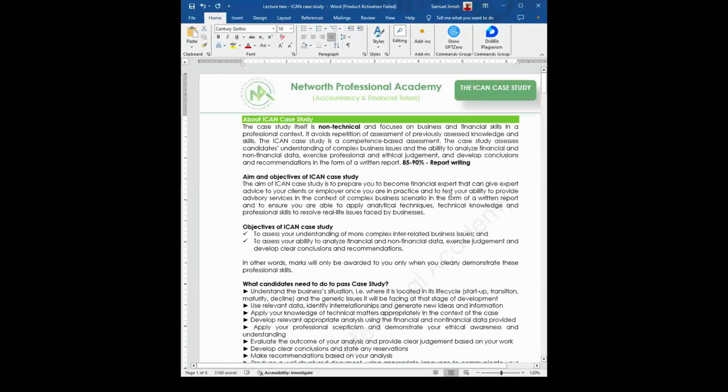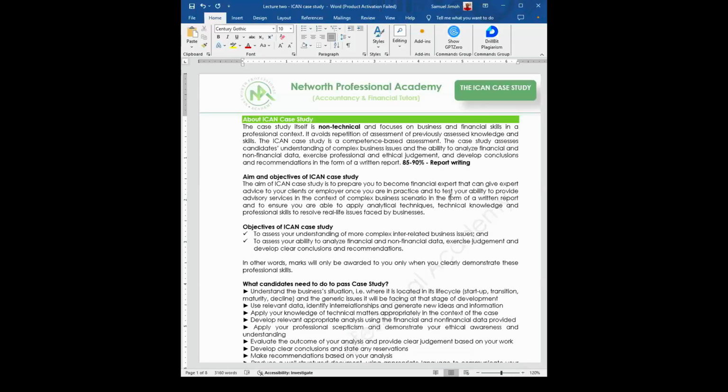Of course, it is not to assess your ability to do computations that you have done in the past. Yes, ICAN has tested those principles and technical skills in SFM, PM, FR, and those papers. Some they will still test in SFM and CR at this level.